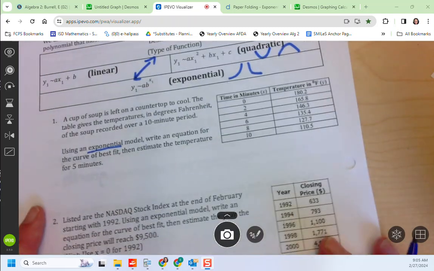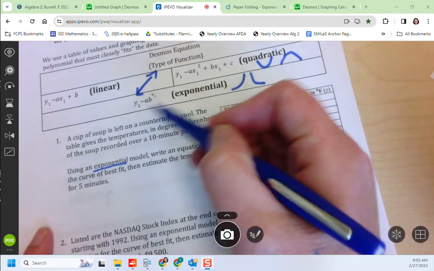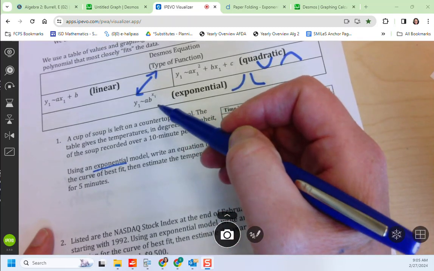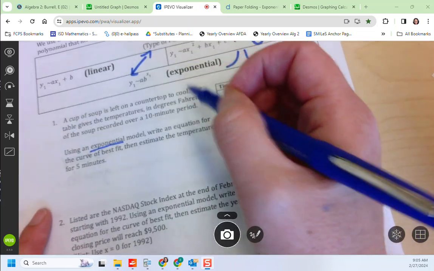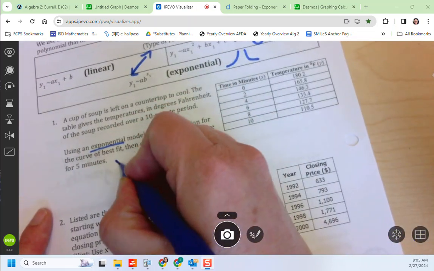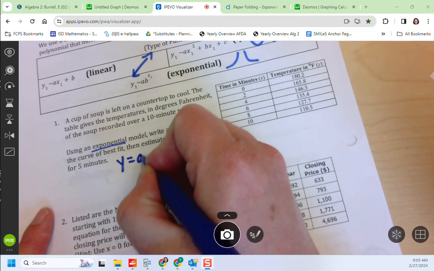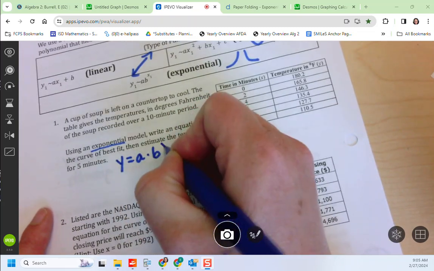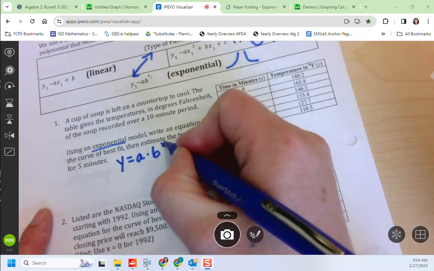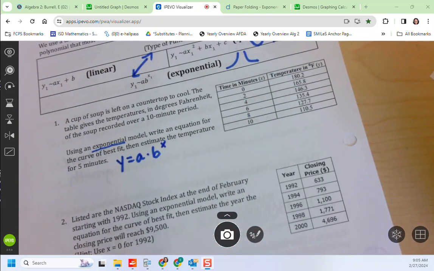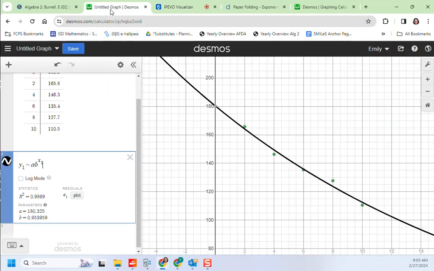When we write the equation, we don't write it the way that we talked to Desmos, y1, x1. We're writing a normal equation with y and x. The format of the equation is going to be y equals a times b to the x. And what we're going to do is use the a and b numbers that we just found in Desmos. So I'm going to go back and get those numbers from Desmos. I'm going to write on my paper and then I'll share that with you.